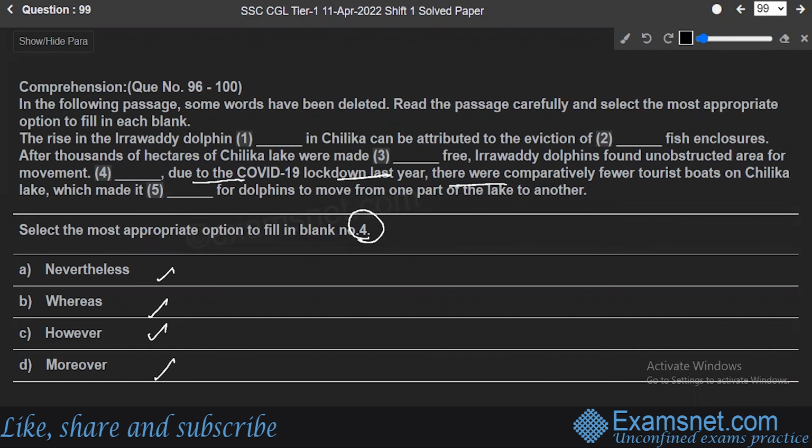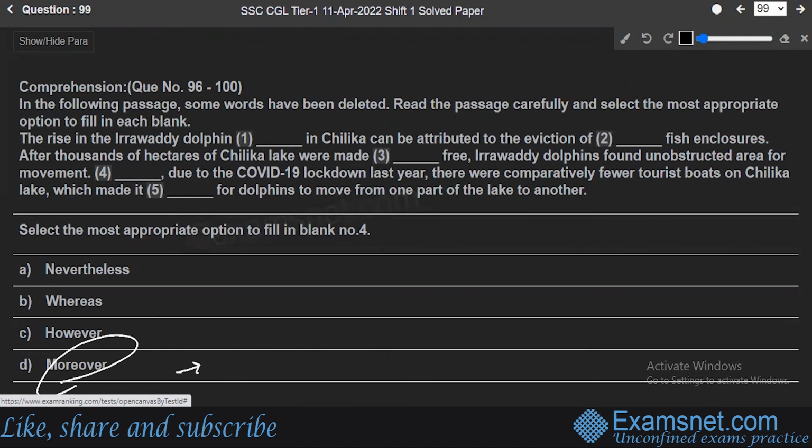The most appropriate one in this question will be moreover. Let's read: Moreover, due to COVID-19 lockdown last year, there were comparatively few tourist boats on Chilika Lake. See, moreover means when you are adding some more information to already existing information.